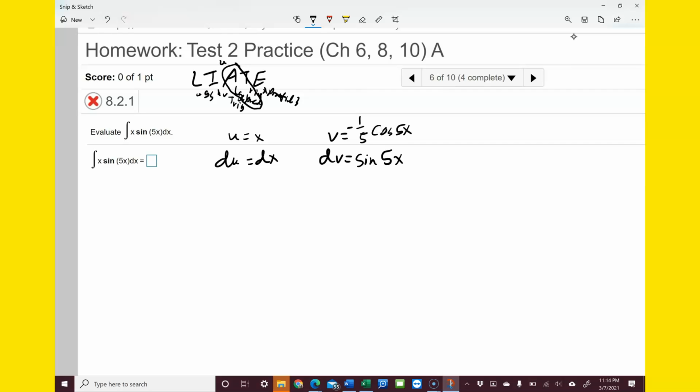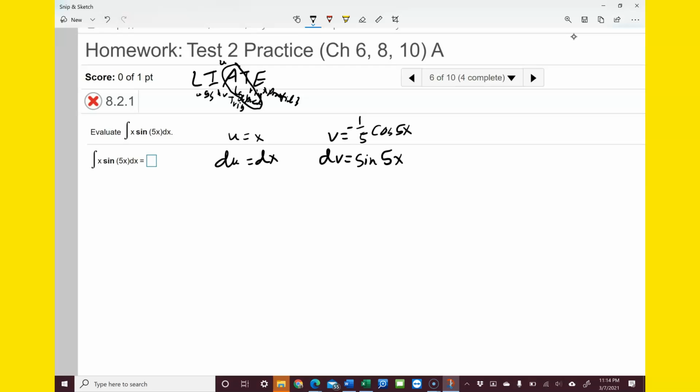Because if I take the derivative of that, the derivative of cosine is negative sine. It would be negative 1/5 sine of 5x times 5, which would cancel out to 1/5, and you would end up with sine of 5x.